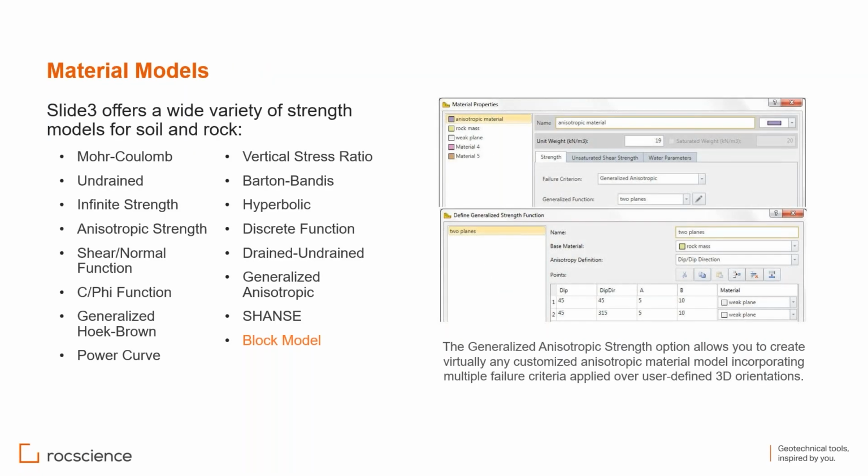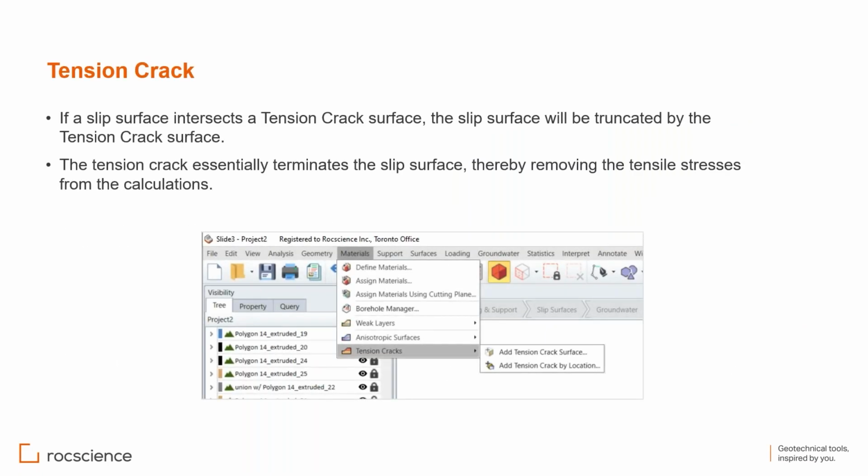Material models, we have different types of material models, same as Slide2, including the general ones like Mohr-Coulomb, generalized anisotropic, and a lot of anisotropic models as well. And you can see at the end we have the block model. I'll explain the block model in the new feature section, which is a new feature that we have in Slide3. Tension cracks, you can define tension cracks in Slide3 using the surface option or tension crack by location.